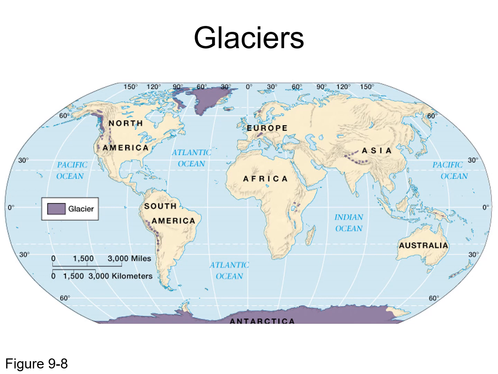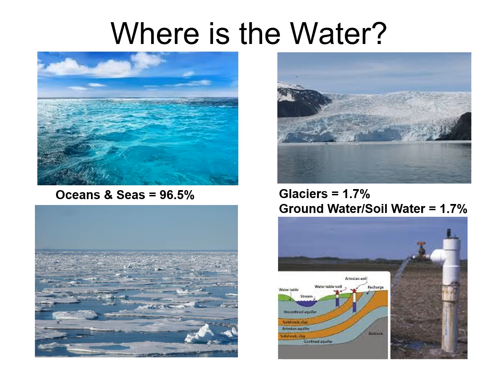Glaciers, again, 1.7% of the available water to us. There's the largest source, Antarctica and Greenland, and also the glaciers we get up at high altitude. We see alpine style glaciers. But again, 1.7% of all the water available to us, whereas the oceans and seas represented 96.5%.